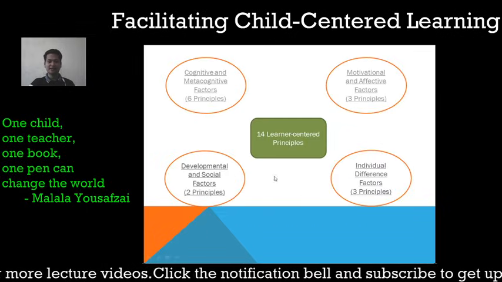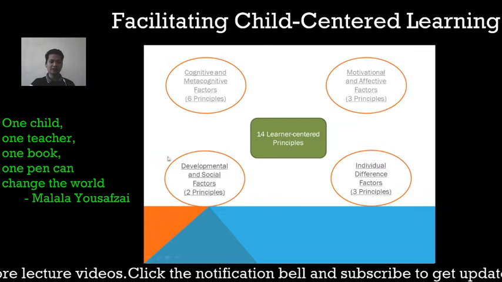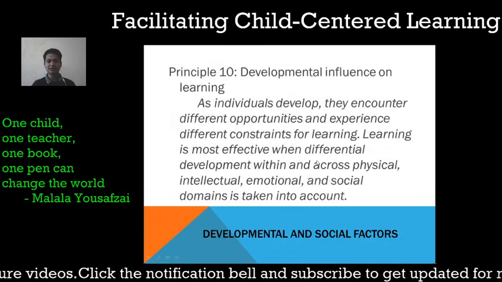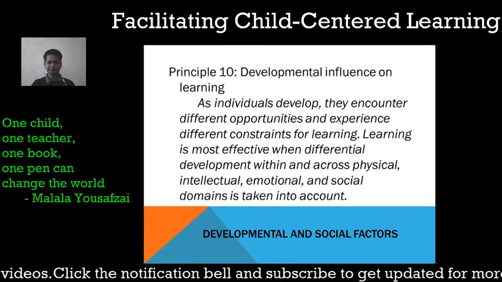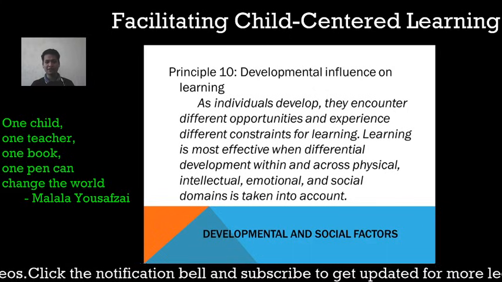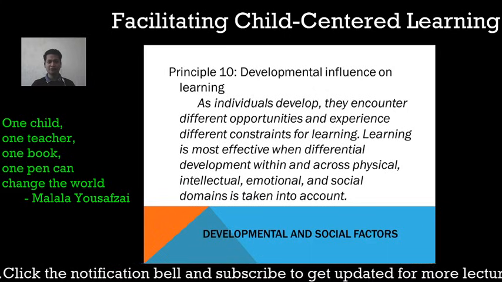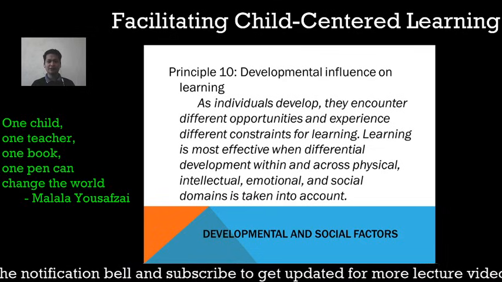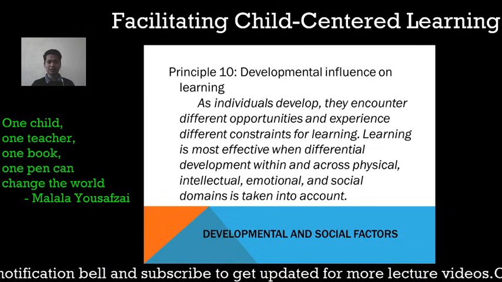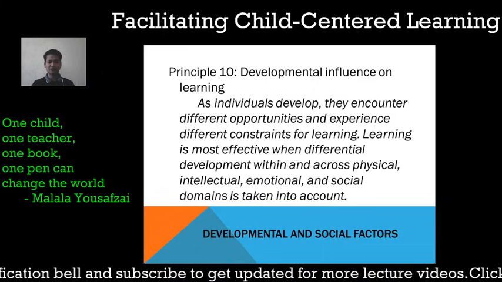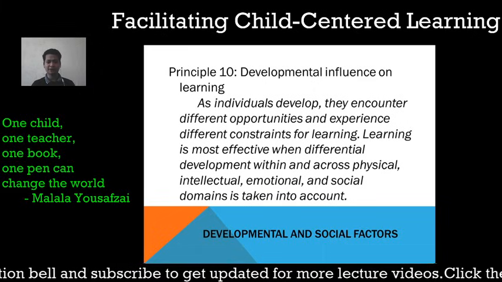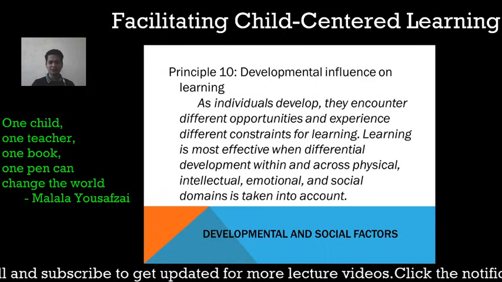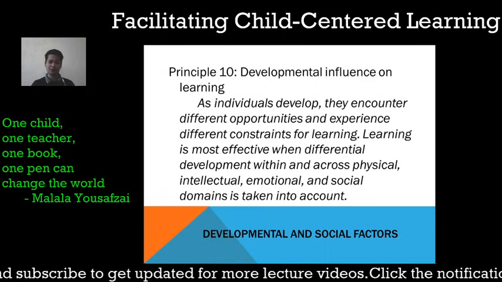Okay, and then the last category that we have here is developmental and social factors. There are two principles for this. So, principle 10, developmental influence on learning. As individuals develop, they encounter different opportunities and experience different constraints for learning. Learning is most effective when differential development between, and of course, physical, intellectual, emotional, and social domains is taken into account.